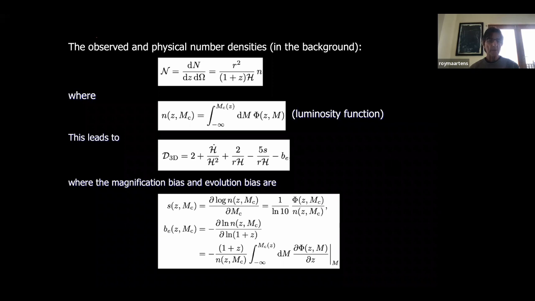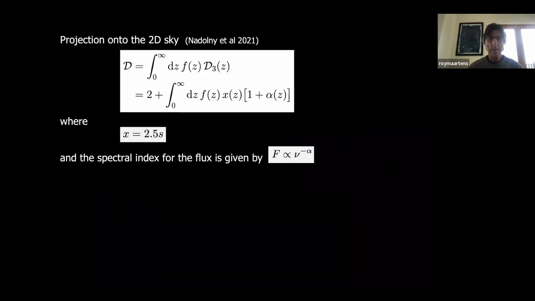And BE gives us a measure of to what extent the number density of galaxies deviates from being conserved, for example, through mergers or through other evolutionary effects in the history of those galaxies that we're observing. So by the way, the X from the Ellis-Baldwin formula is just 5 over 2 times the magnification bias.